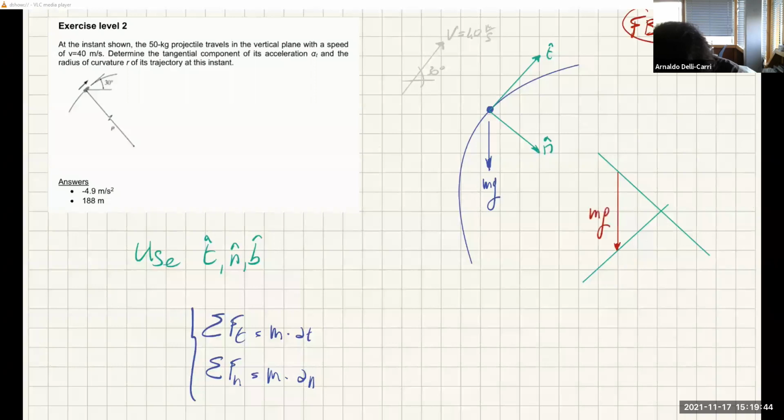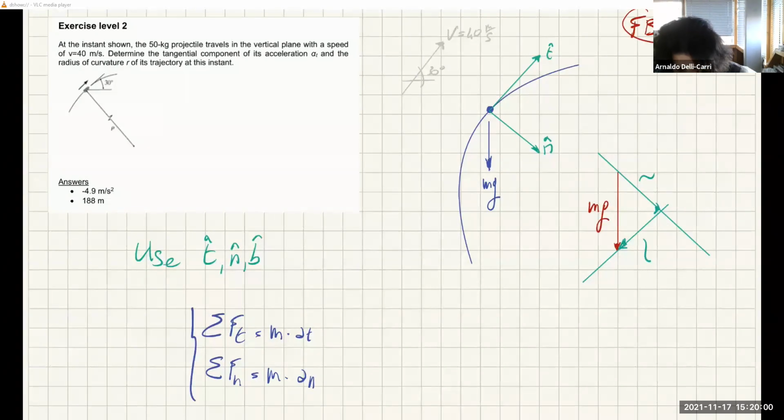So this mg here has this component along t and this component. No, sorry, this component along n and this component along t.